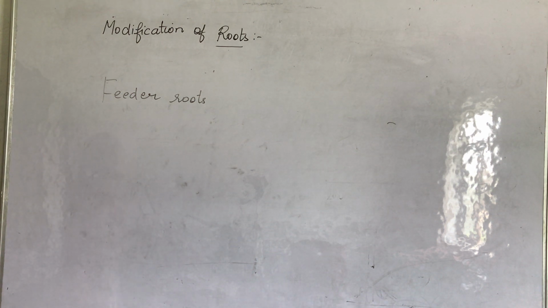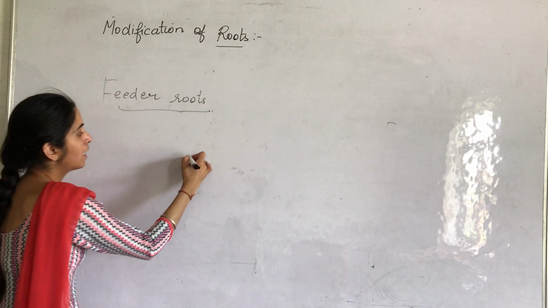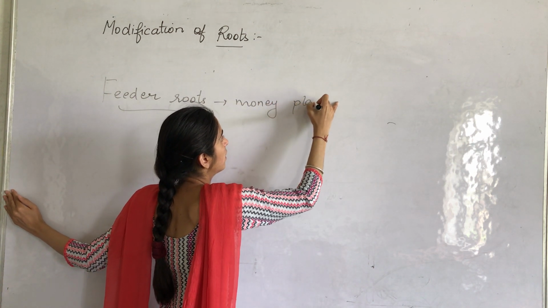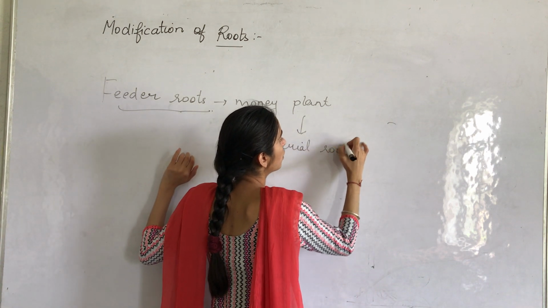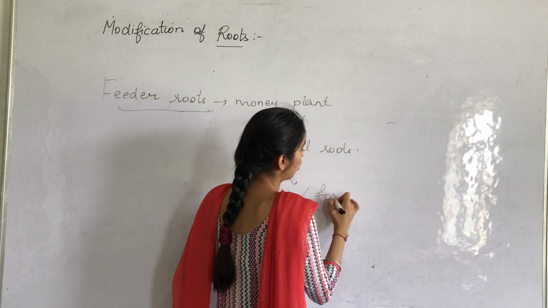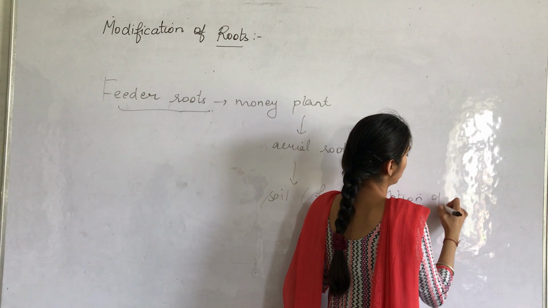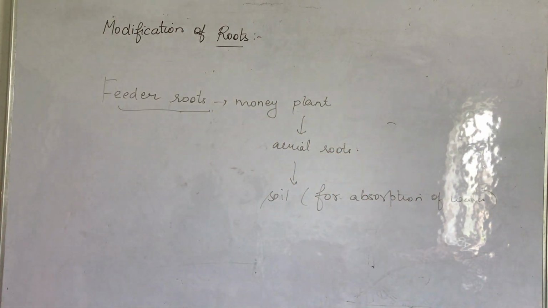Aerial roots means the roots that are present in the air, and then they go into the soil for the absorption of water. This is also a secondary function that is performed by roots.